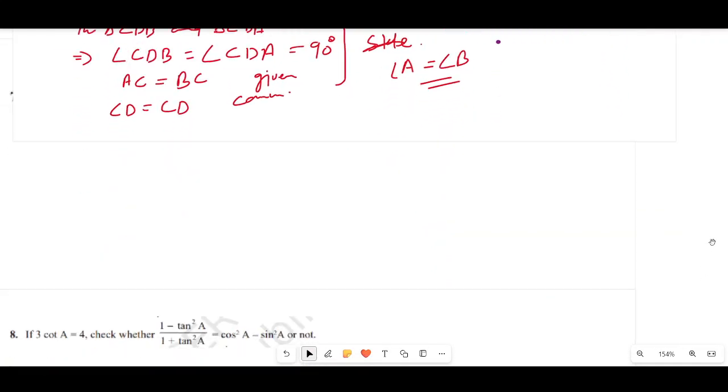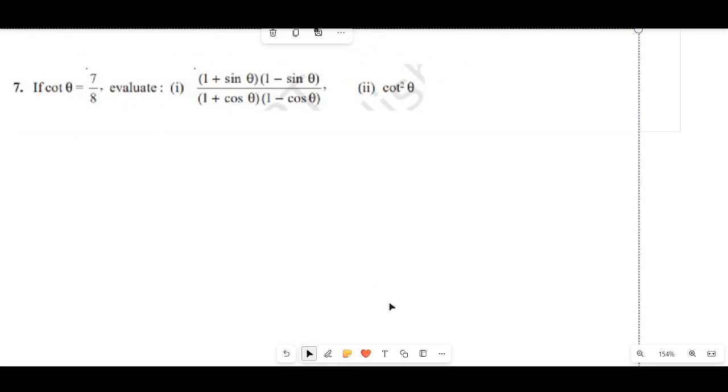Now come to question number 7. Cot theta is 7/8, and first we should find 1 plus sin theta, 1 minus sin theta, 1 plus cos theta, 1 minus cos theta. If you multiply this, you will get the easy way to find out the value. But first we should write here, this is perpendicular, this is base.